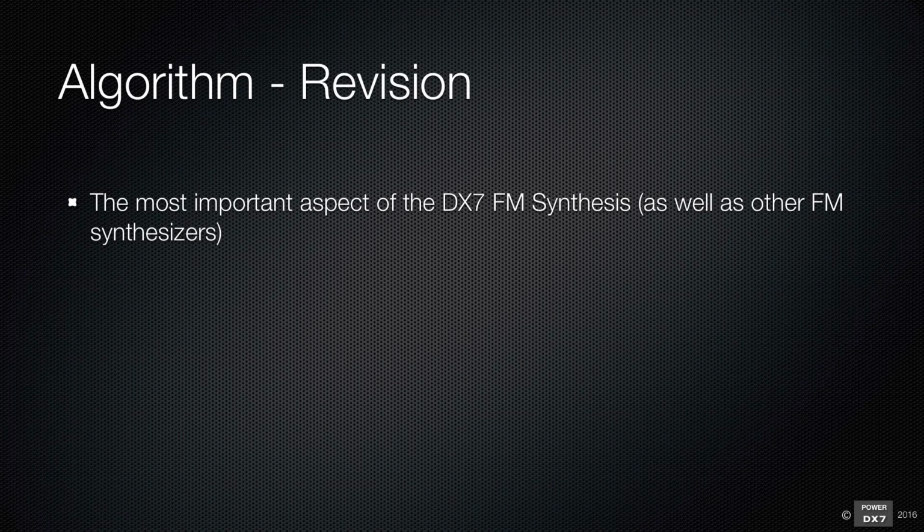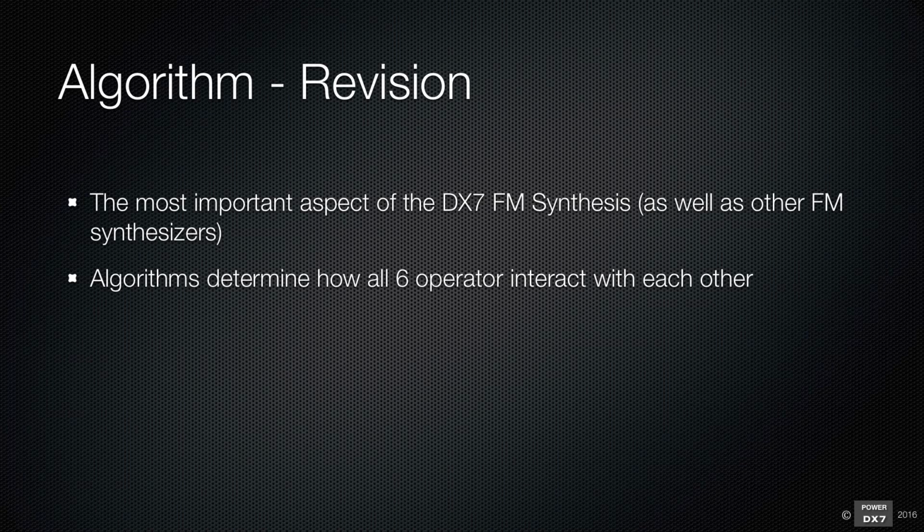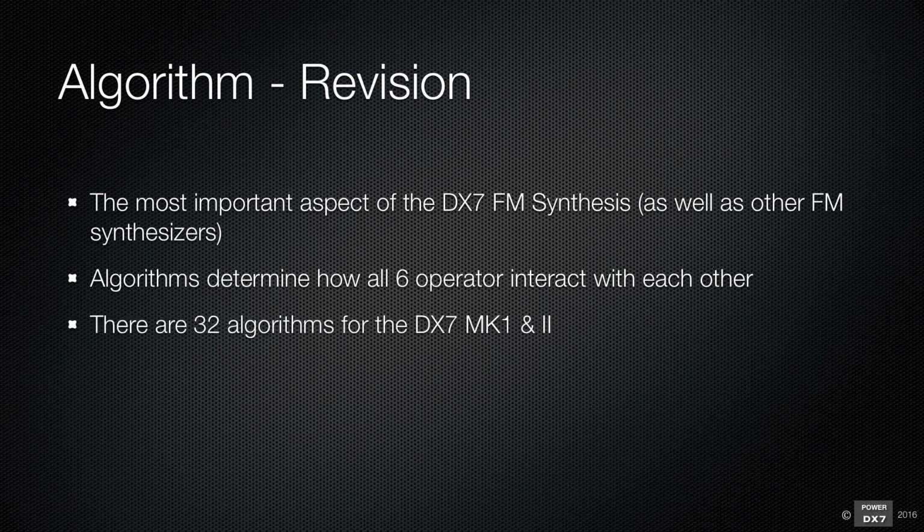As I mentioned in my first tutorial, algorithm is the most important aspect of the DX7 FM synthesis and other FM synthesizers. As we've learned, algorithms determine how all 6 operators interact with each other.